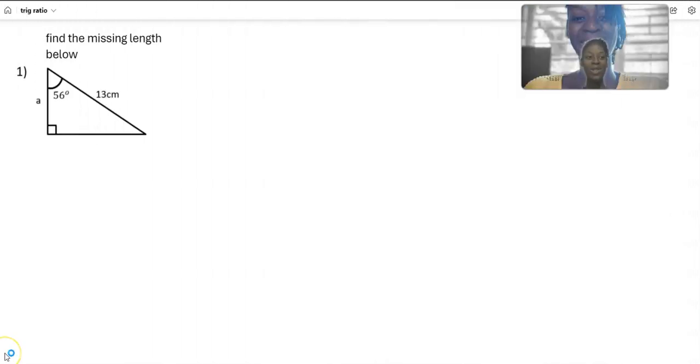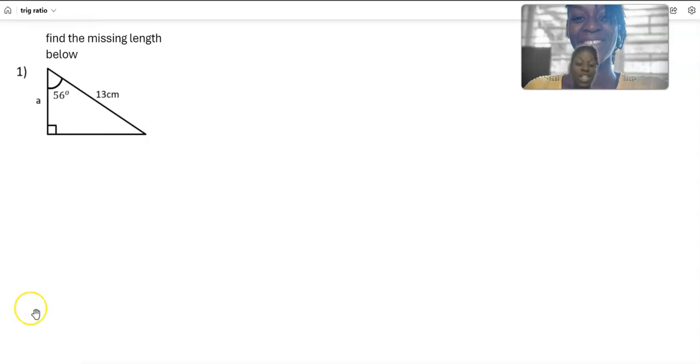In this video we are looking at some examples of solving problems involving finding the missing length in a right angle triangle. And of course, it is about using trigonometric ratios. As I said in the last video, there are some questions that you need to ask yourself when attempting these problems. 1.